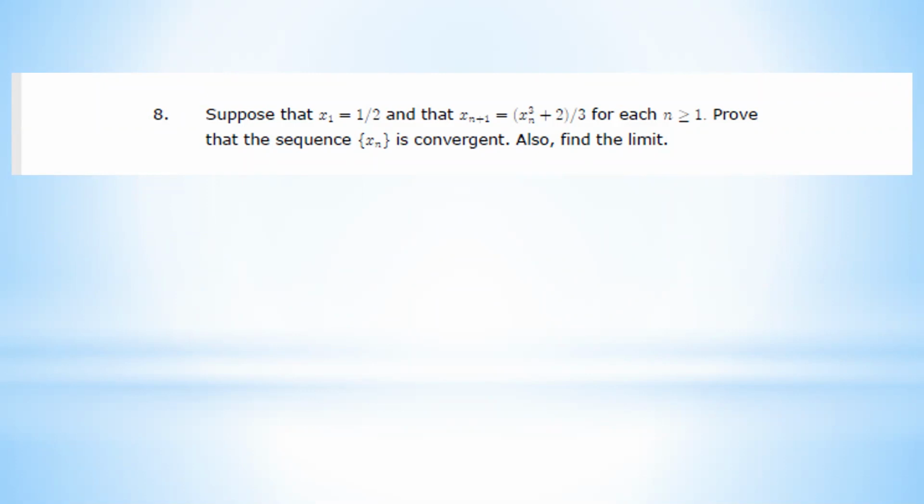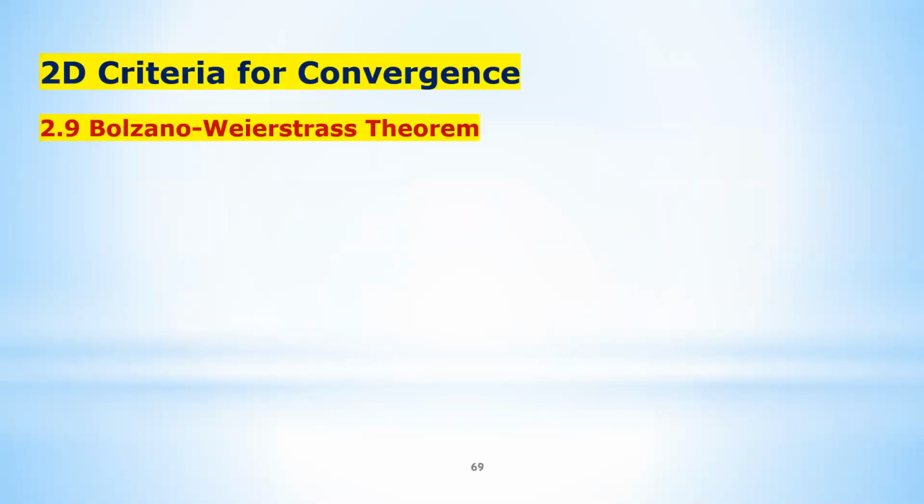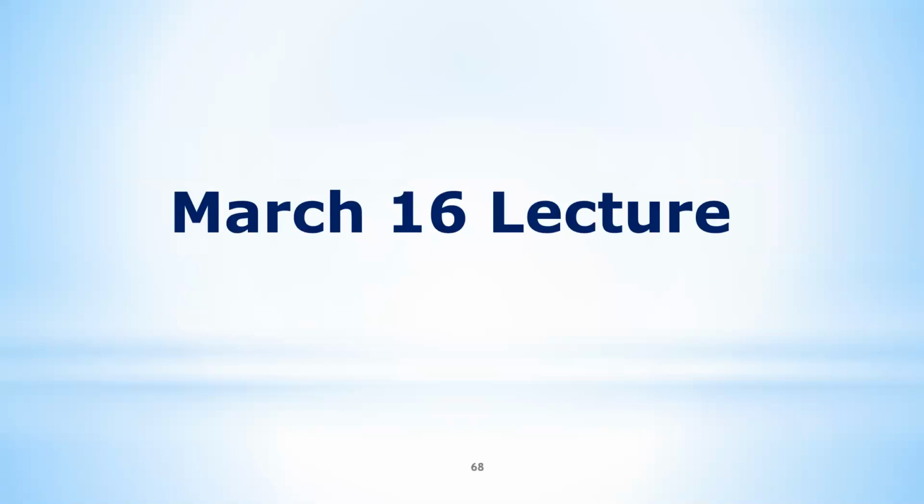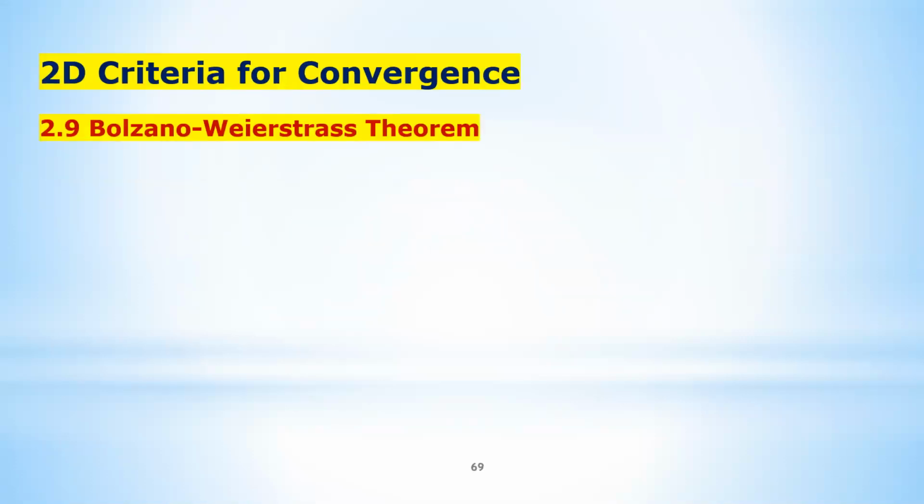So far we have covered 2D and 2C. 2C is the previous one. Now we have two more sections to go for this chapter. The rest of this chapter is very theoretical, but very important, so I want to go slowly and carefully.